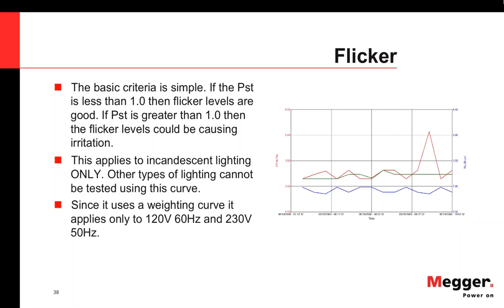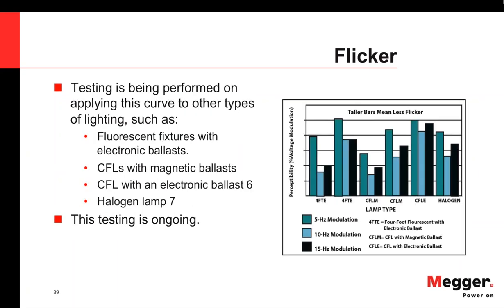When you try to use flicker measurements for other types of lighting or equipment, you have to keep in mind that the weighted curve is designed for an incandescent light. So although you will get values, how those values relate to everything is sort of unknown. In fact, there are studies being done at present to see how flicker values can be used for fluorescent fixtures, CFLs with magnetic ballasts, compact fluorescents with electronic ballasts, halogens.